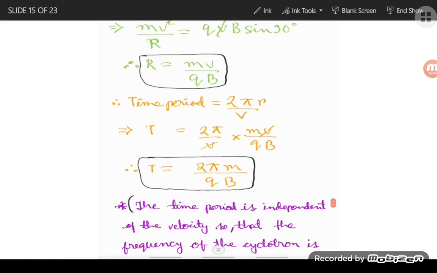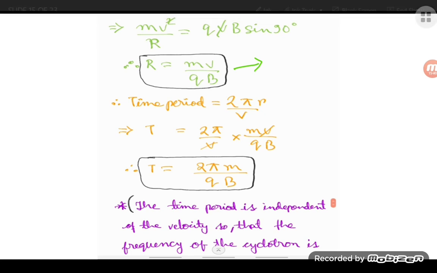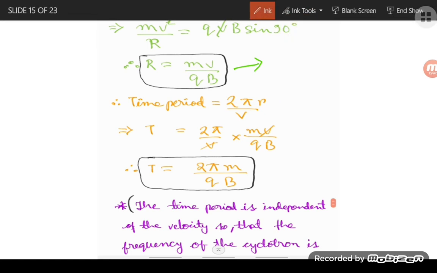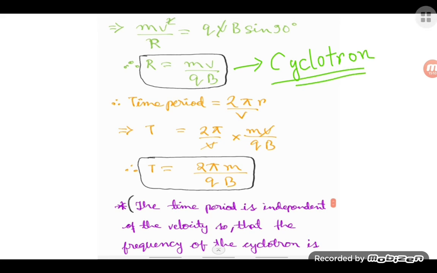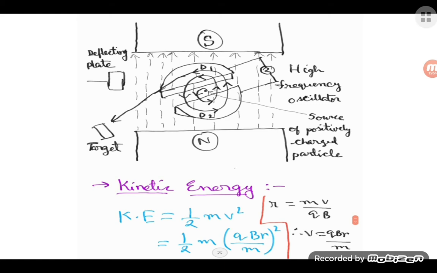Now here the radius is given of what? Cyclotron. Now how does a cyclotron look? A cyclotron looks like this. So what does it do?